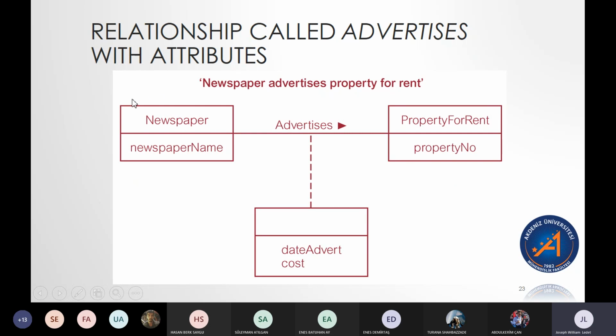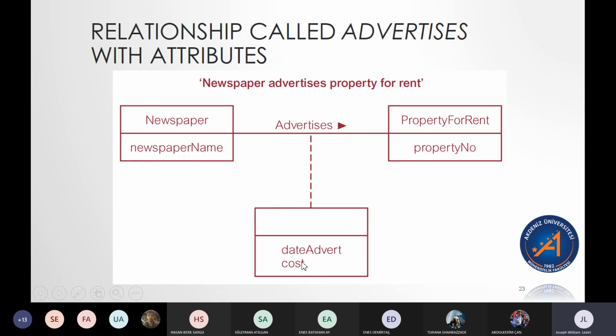But let's say you have a newspaper entity that we're keeping track of newspapers that we advertise our properties in. A property for rent is also something that we track. And we want to say, okay, the newspaper advertises our property. We might want to keep information about that because notice this date of advert. When did we push this advertisement? What was the cost?